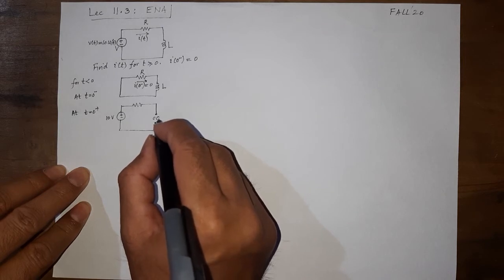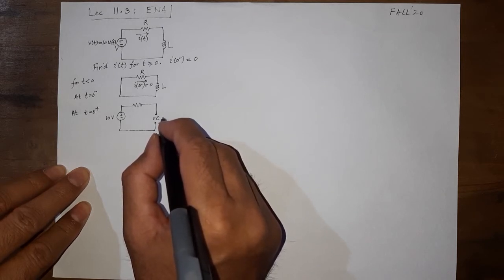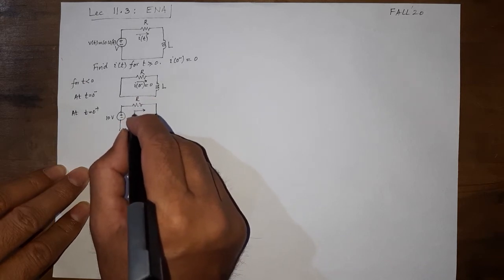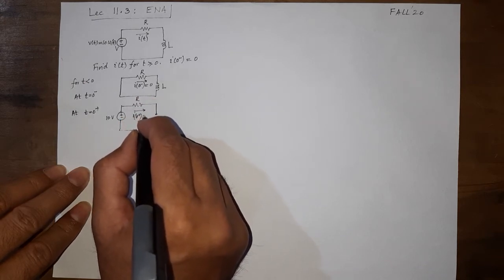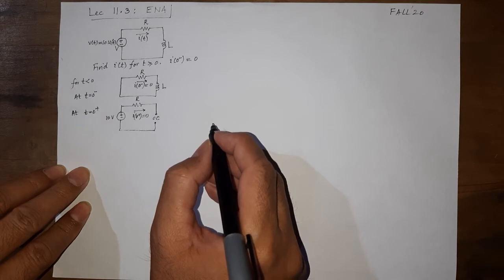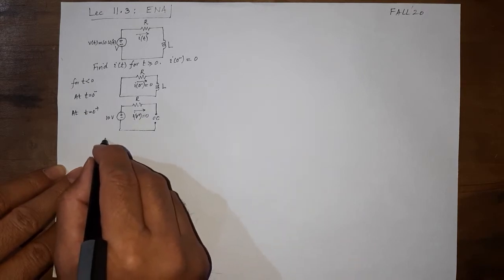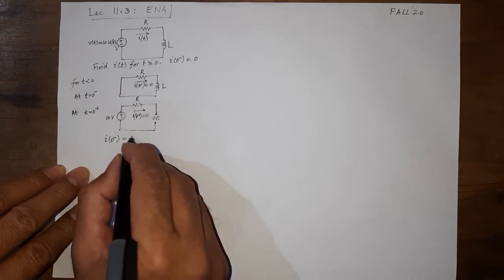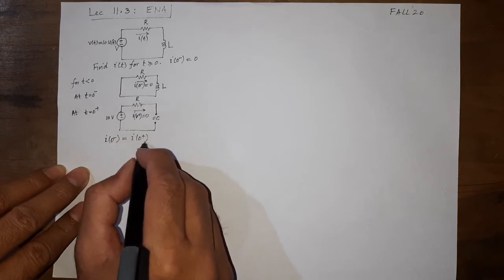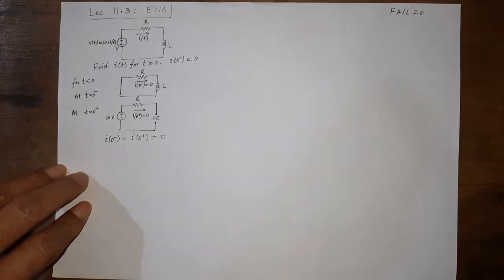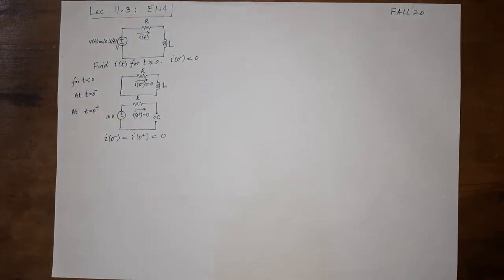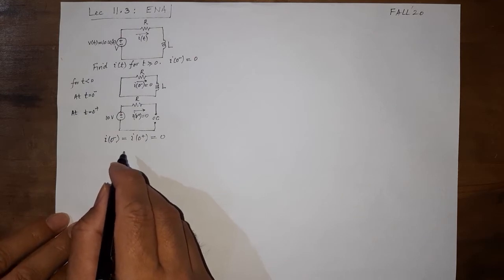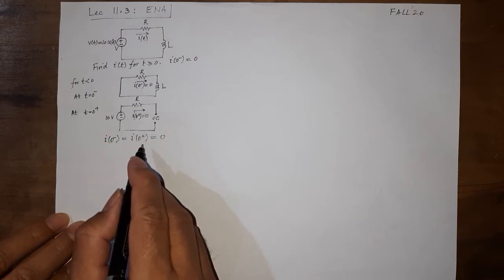Because this is the property of an inductor, that it opposes sudden change in current. So i at 0 plus would still be 0. This we already know, but trying to solve simple circuits and seeing how things would behave is always very critical in learning new concepts. So I'm just trying to revise the old knowledge.